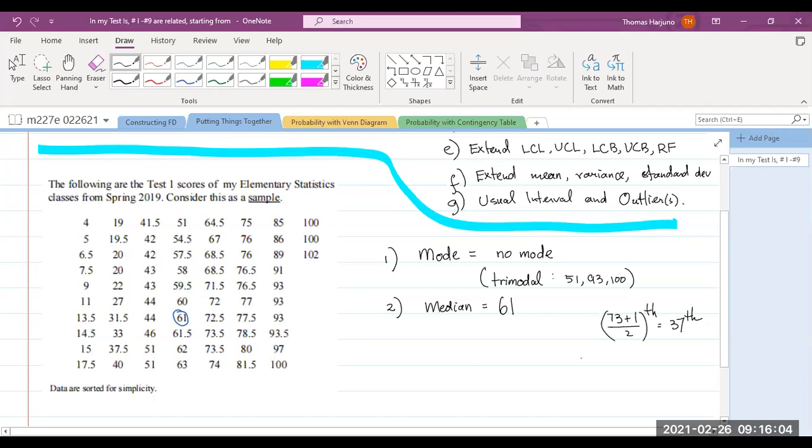Because the median is exactly one number, data number 37, it means the lower half, below the median, not including the median, has how many data?